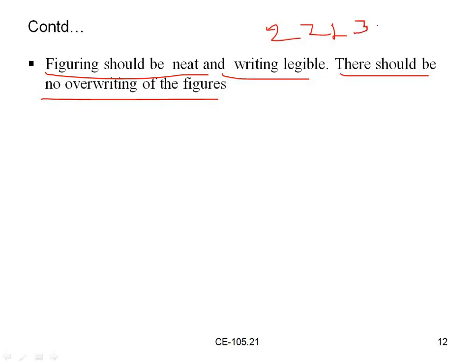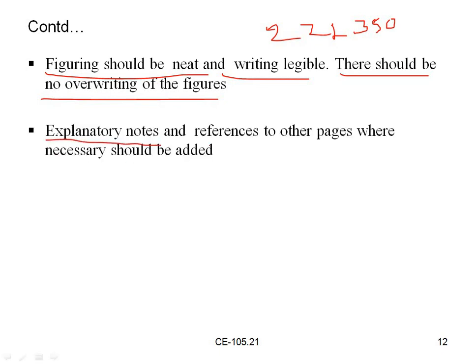If 350 is there, we have to write the number correctly so everyone can understand. Any other points should also be written very clean and tidy. We should not redraw, and the diagram should not be erased. No cutting should be done, and no overwriting is allowed in the field book, because that leads to wrong fieldwork calculations.